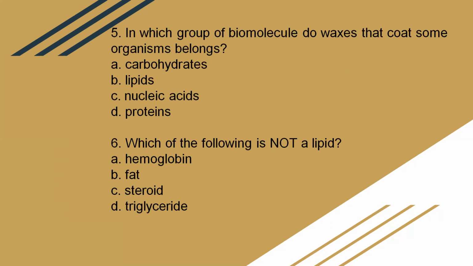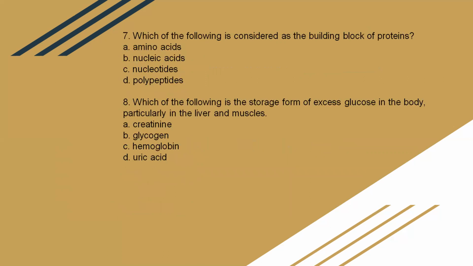6. Which of the following is not a lipid? A. Hemoglobin, B. Fat, C. Steroid, D. Triglyceride. 7. Which of the following is considered as the building block of proteins? A. Amino acid, B. Nucleic acid, C. Nucleotides, D. Polypeptides. 8. Which of the following is the storage form of excess glucose in the body, particularly in the liver and muscle?